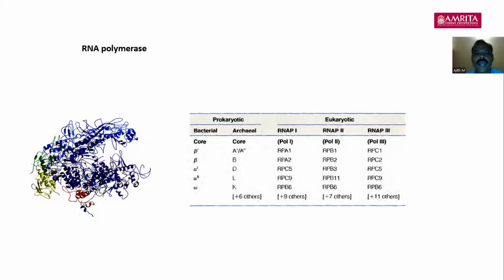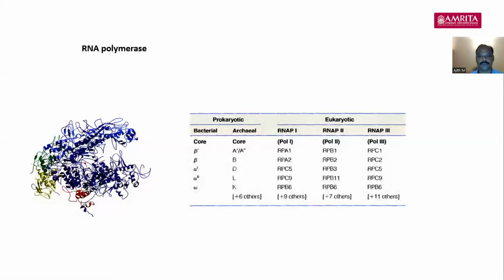Then for transcription and the RNA polymerase, there are slight variations with regard to prokaryotes and eukaryotes. The prokaryotes are constituted by eubacteria and archaea. These RNA polymerases are made up of different protein subunits.